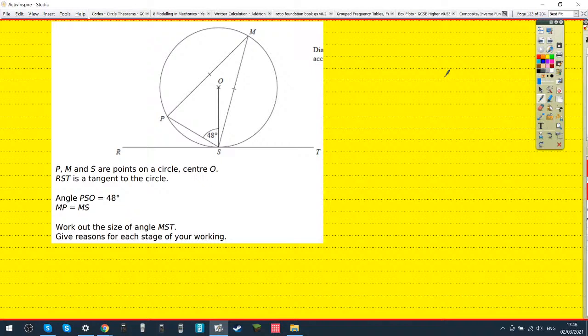Yep. So P is 48 degrees, and 48 times 2 is 96. Right. But we don't have this little bit in here.